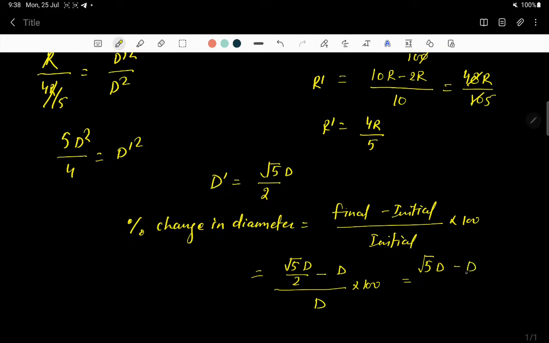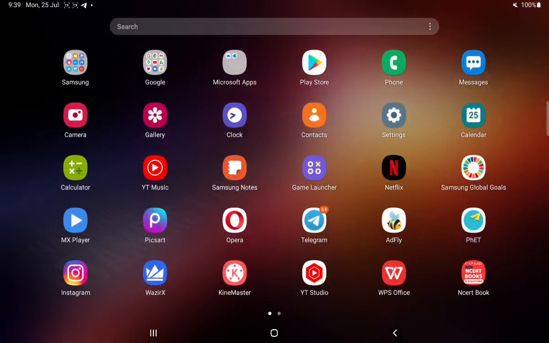Here the d cancels, and then we only have root 5 minus 1 upon 2 into 100.